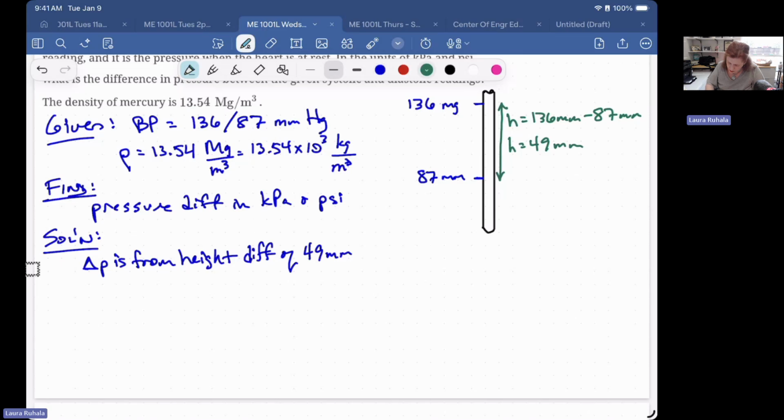Okay, so my equation, I'm going to use that equation 6.4 again. So the pressure is equal to the pressure P naught plus rho g h. This is equation 6.4.